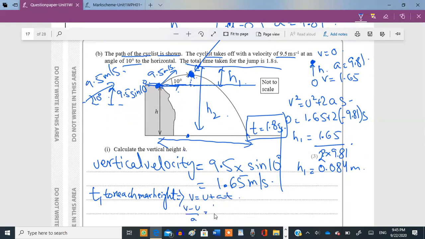The final velocity is 0, but the initial velocity is 1.65. The difference between 1.65 and 0 is 1.65 and the acceleration is 9.81. So what's the answer? 1.65 divided by 9.81.